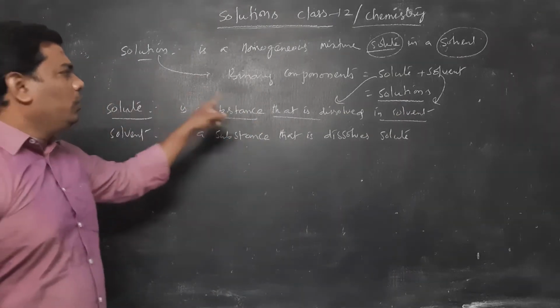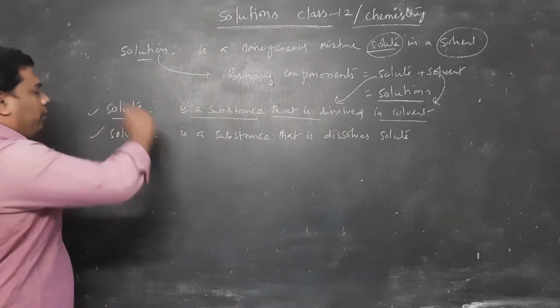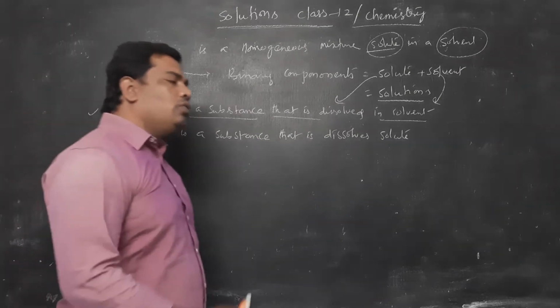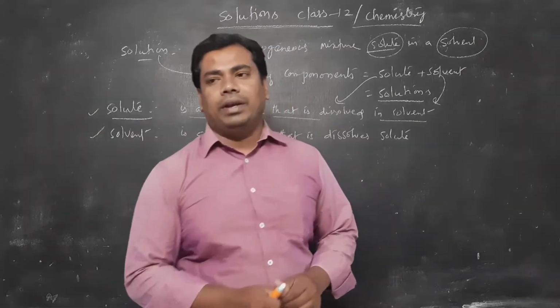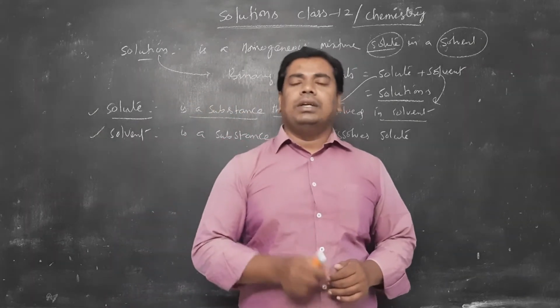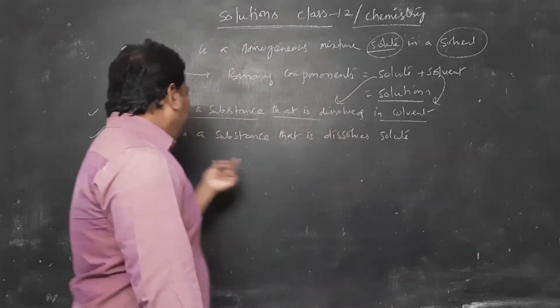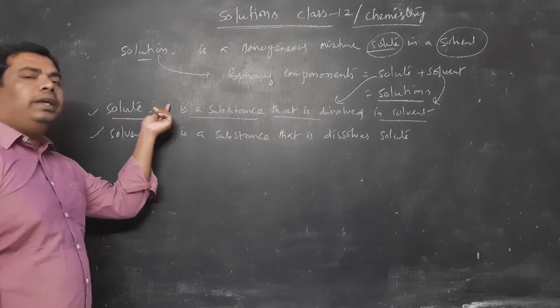But the solute is dissolved in solvent, that is the solute. So these two are very, very important. Okay, clear, students? So what is solute? Solute is a substance that is dissolved in solvent. Solvent is a substance that dissolves solute. So generally the solvent always dissolves a solute.